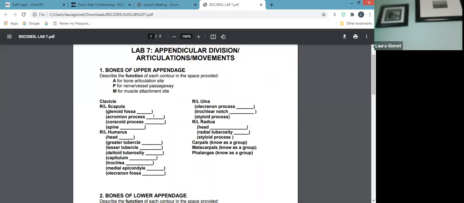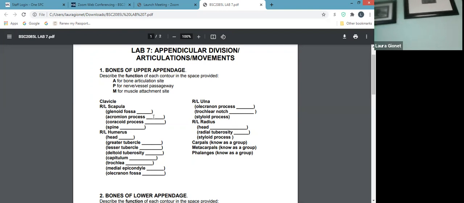But there are some muscles that do attach there, but let's go with A for articulation. Now, the coracoid process that's found inferior to that doesn't articulate with anything. That is solely for a muscle attachment. All right, so the coracoid process is a muscle attachment. The spine of the scapula is also a muscle attachment.